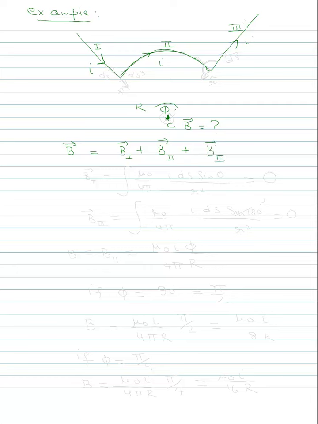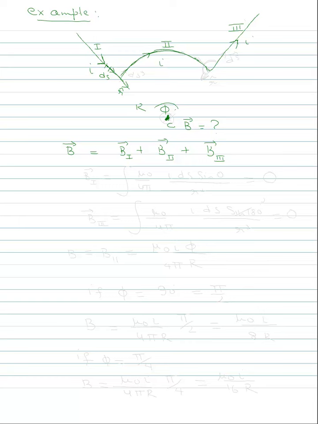Okay, now let's see what are the contributions due to part 1 and 3 using Biot-Savart Law. In order to see that, let's just consider an infinitesimal current element here, ds, which is in the direction of I, which is like this. What's the direction of r hat vector? Well, r hat is basically along the straight line joining ds with C, but do you see that that's again in the same direction as ds?